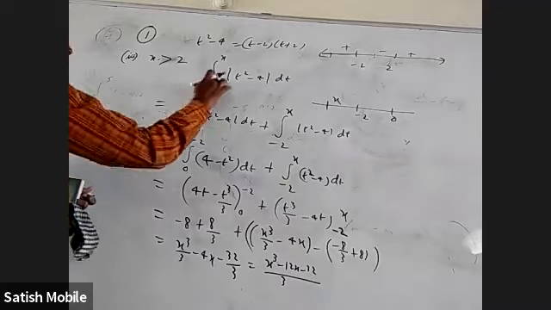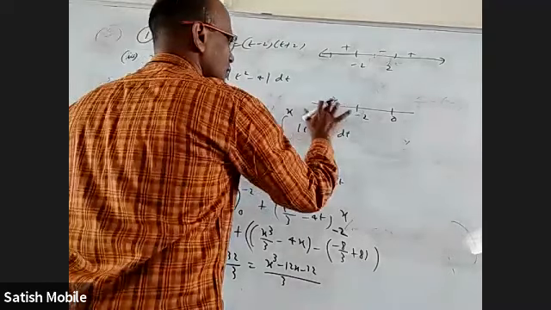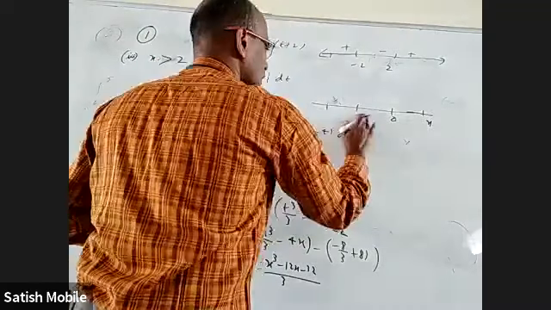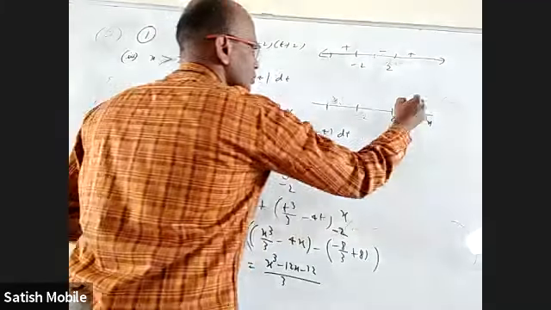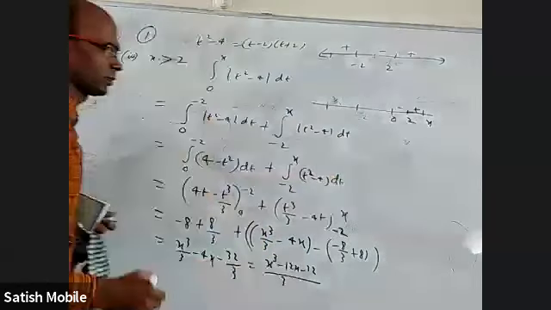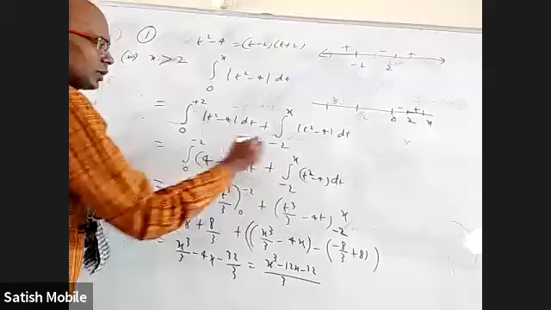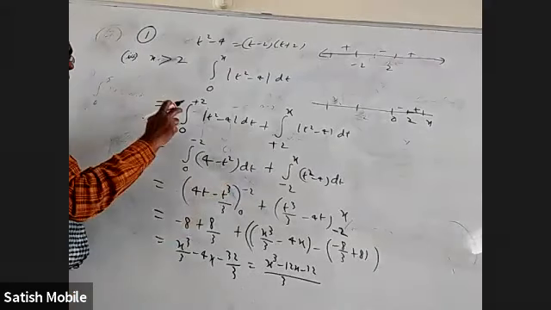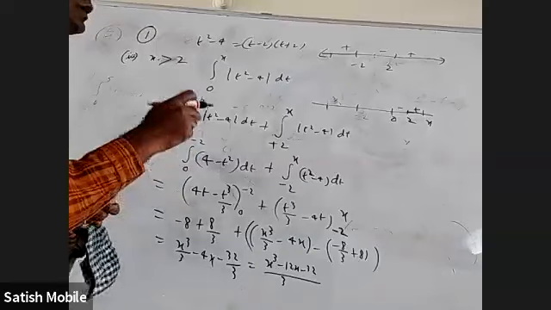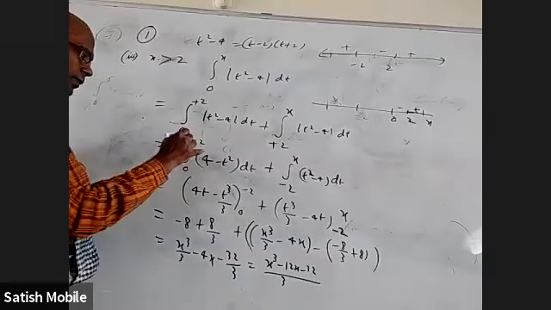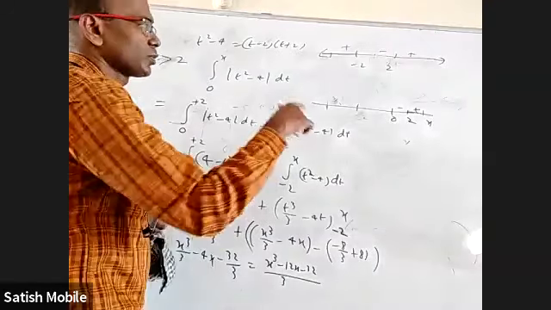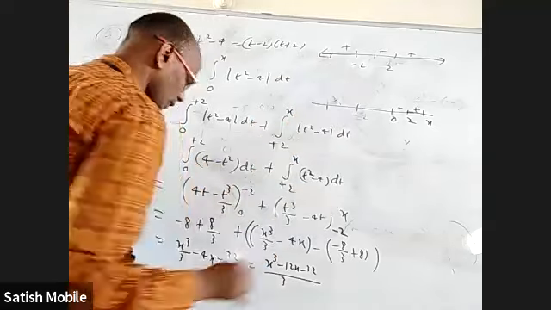So this is the same. Only thing is that now x is here and 2 is here. Between 0 to 2 it is negative and here it is positive. So I have to write 0 to 2 and 2 to x. Between 0 to 2 it is negative, so this is the same. And between 2 to x it is positive, so this is also the same.